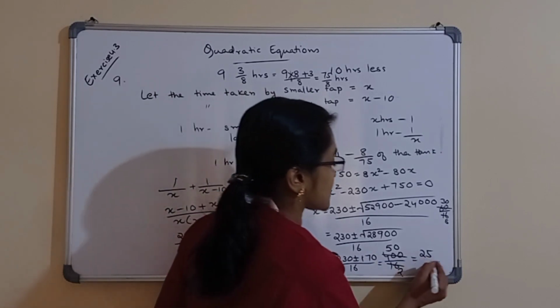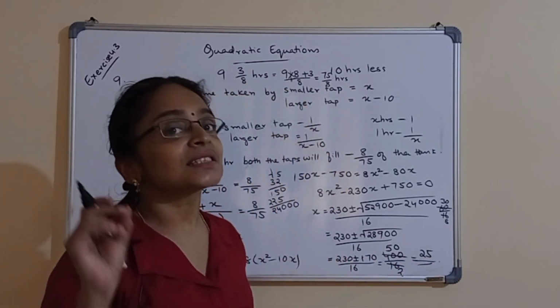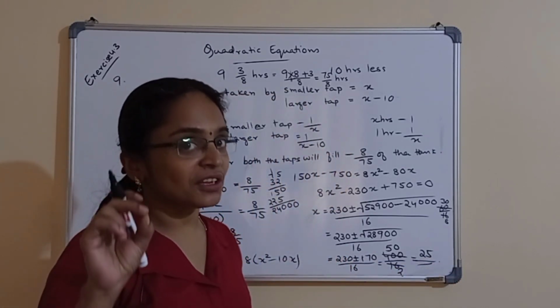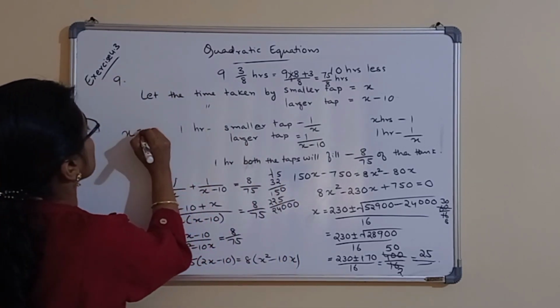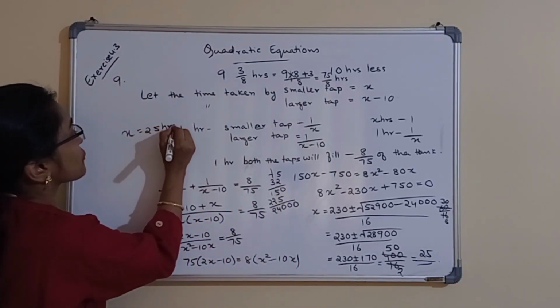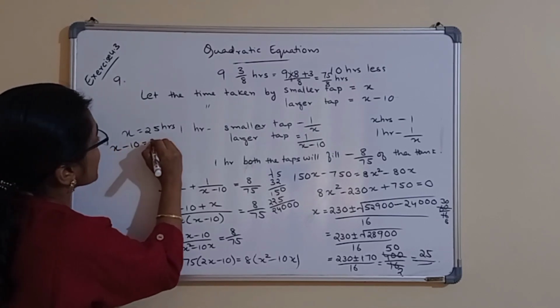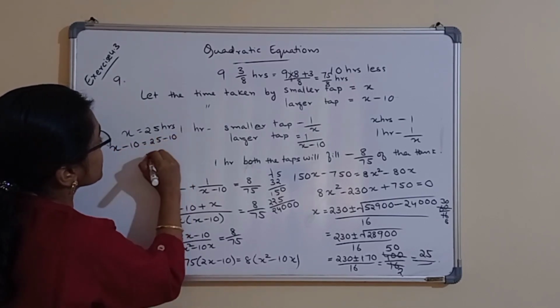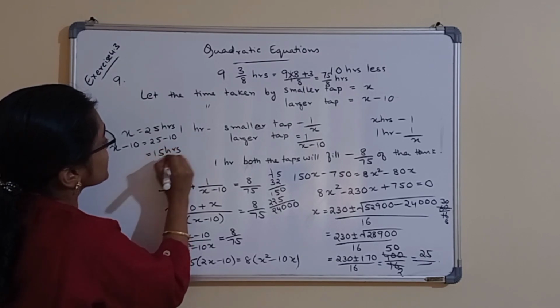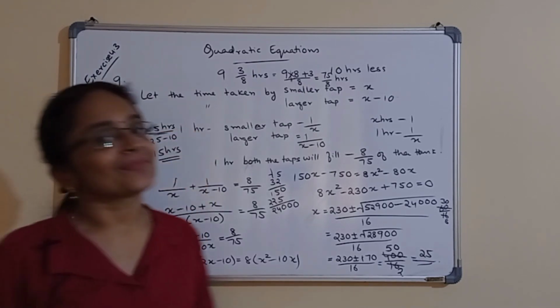So we can take x as 25. That is, the smaller tap will take 25 hours to fill the tank, and the larger tap will take x minus 10, that is 25 minus 10, which is equal to 15 hours to fill the same tank. Understood?